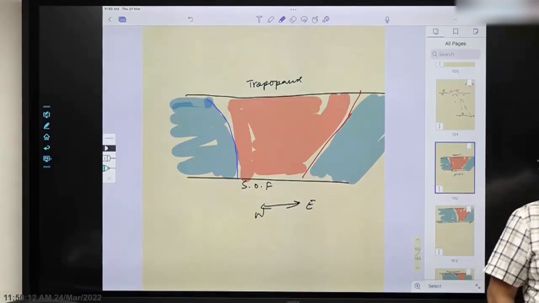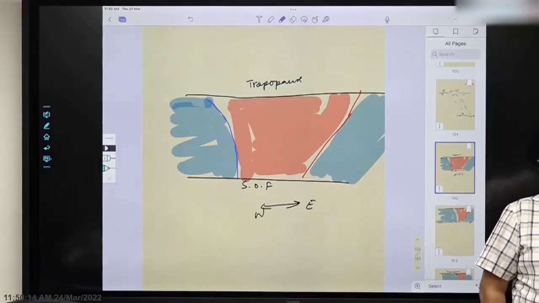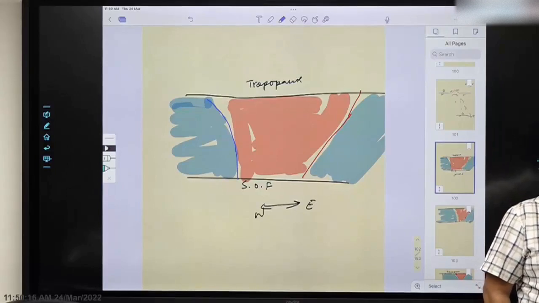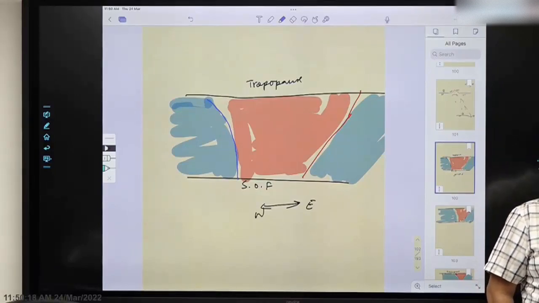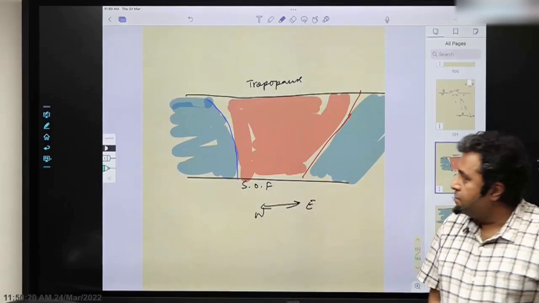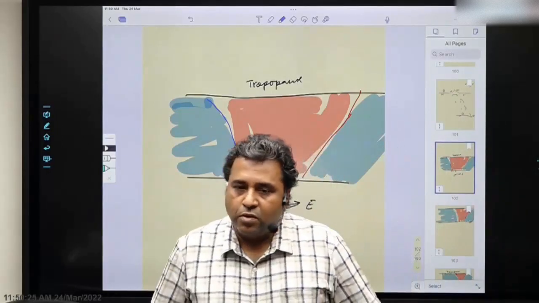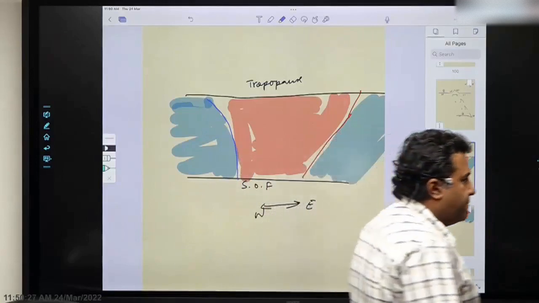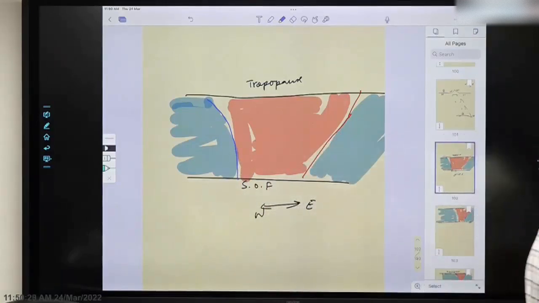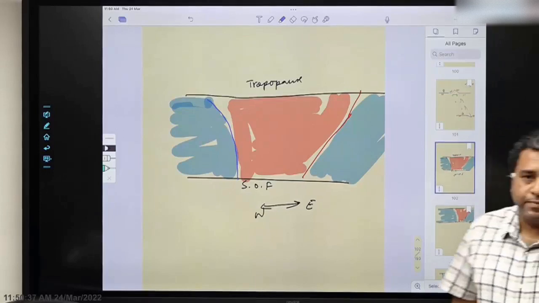We have to write: on the east of the warm front we have the cold air mass, comma, on the west of the cold front we have the cold air mass. So both sides have cold.